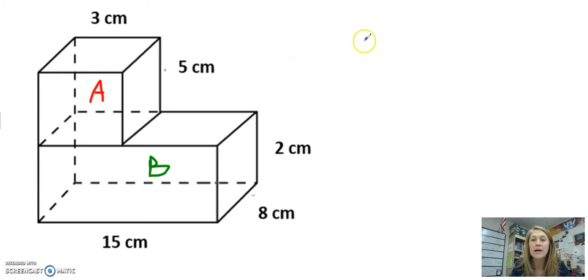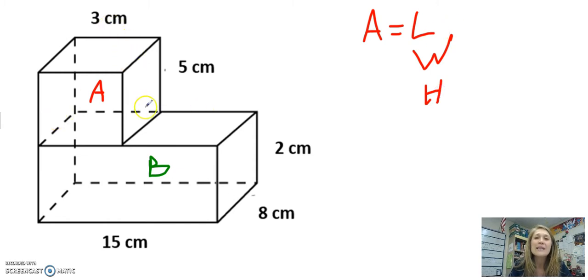So let's start by looking at figure A. In order to find volume, I need to find the length, the width, and the height of this figure. So let's look at what we already know about figure A. Right here, I can see that this side is 3. I'm going to call that my length.